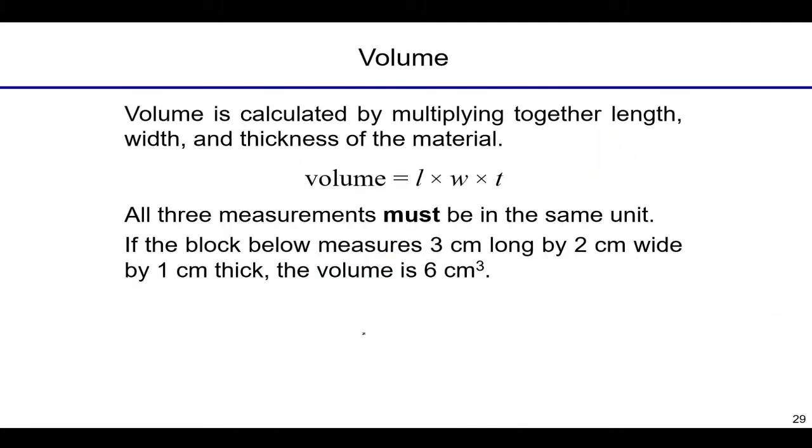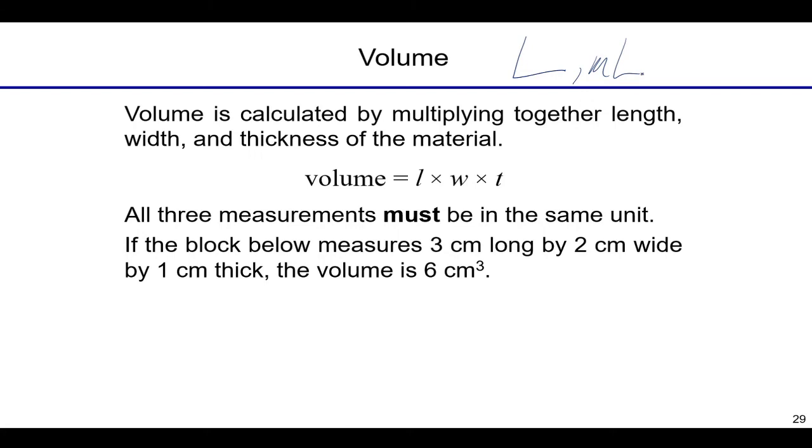Volume is another sometimes tricky type of unit conversion problem. Again, it's all about those units. Keep track of the units and you'll be fine. Volume is expressed in different types of units. Of course, we know that volume can be expressed in something like liters or milliliters. And we saw that in the previous lectures on the metric system.